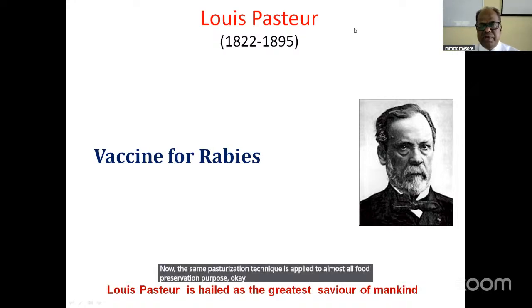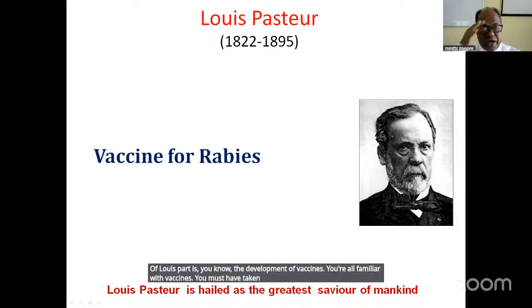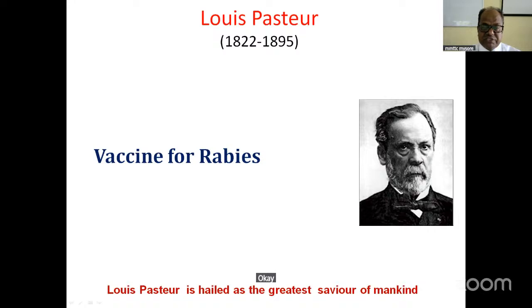And a very important discovery of Louis Pasteur is the development of vaccines. You are all familiar with vaccines. You must have already taken vaccines against the COVID-19 virus. The first vaccine was developed by Louis Pasteur without knowing the causative agent. Now we know that COVID-19 is caused by the SARS-2 virus.